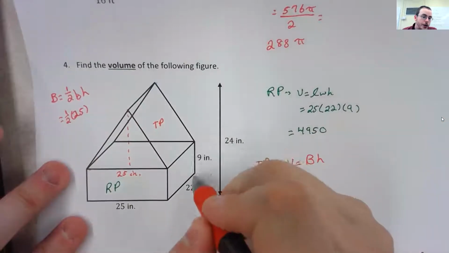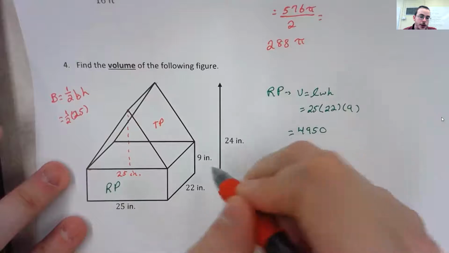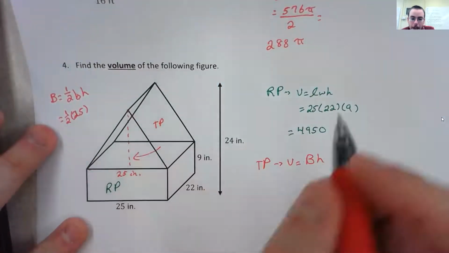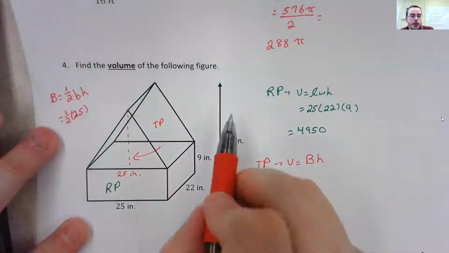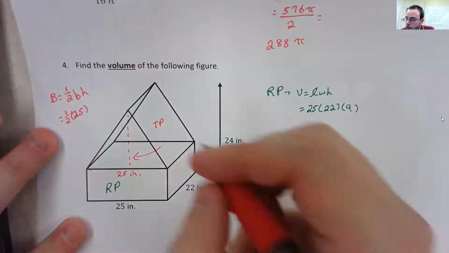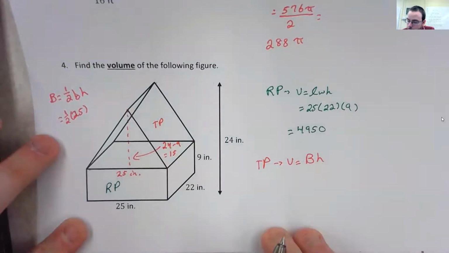Well, we also know that the height of the rectangular prism is equal to 9. So if you want to determine what that height is, you have to subtract the rectangular prism's height from the total height to get it. And that would be 15.